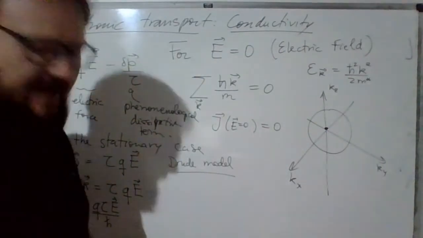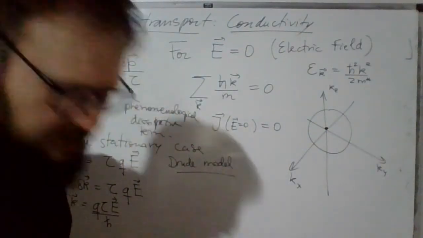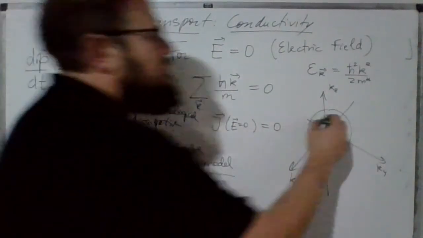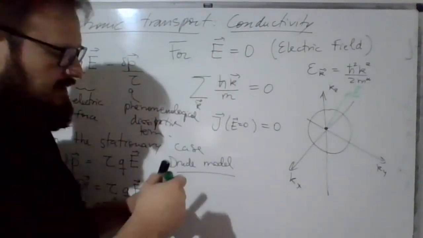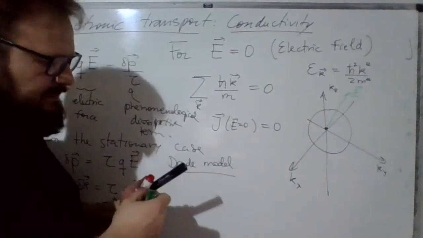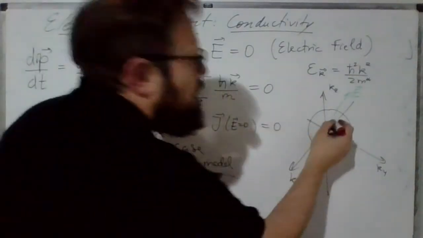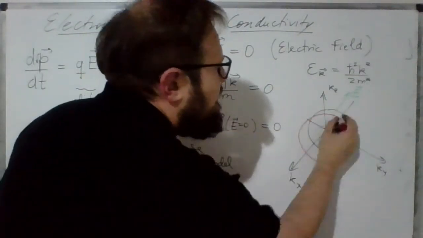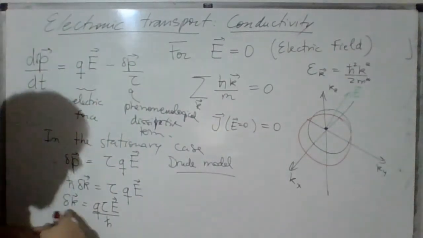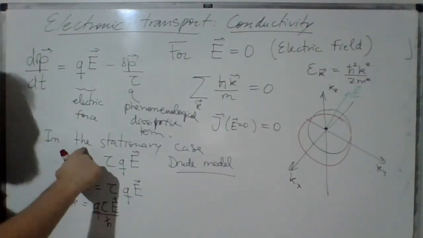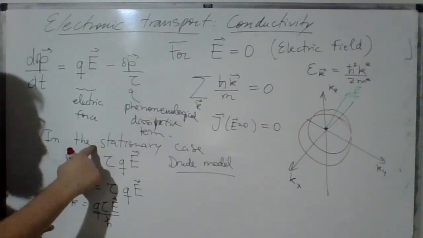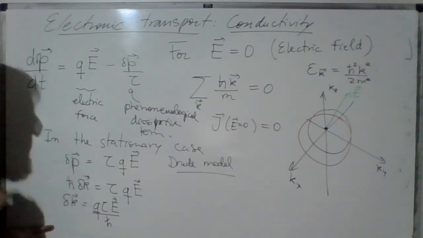If you have electrons, you introduce an electric field in that direction. The Fermi sphere will entirely shift, because this delta k is not dependent on the value of k in the stationary solution, for which the derivative is zero.